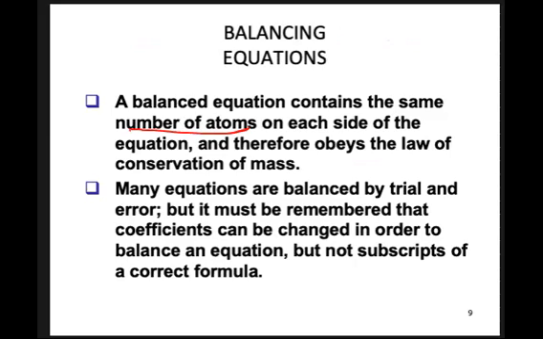But it must be remembered that coefficients can be changed in order to balance the equation, but not the subscripts. It's a mortal sin to change the subscript. Changing the subscript indicates a different substance. It's a different substance.